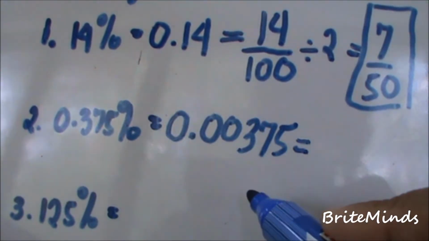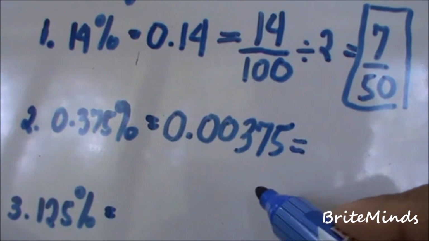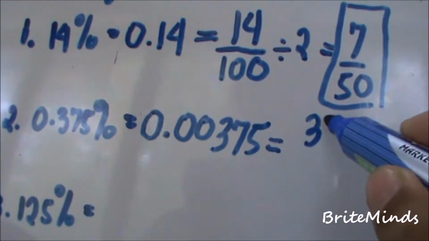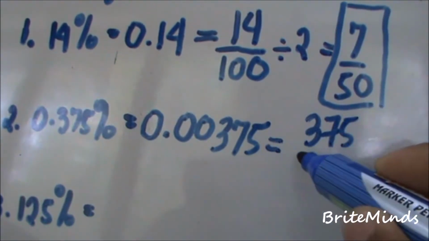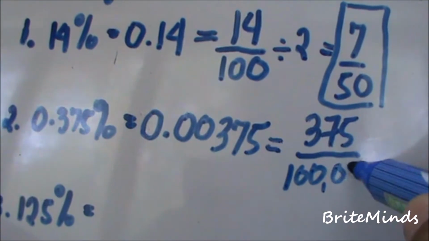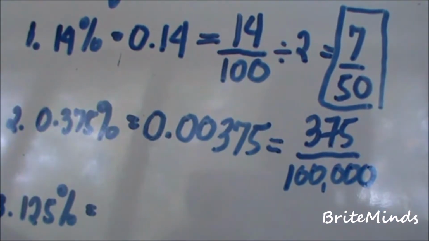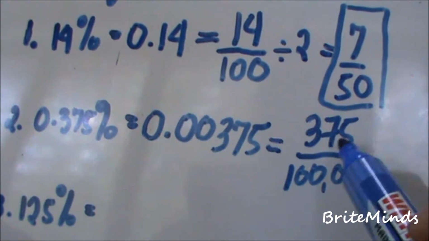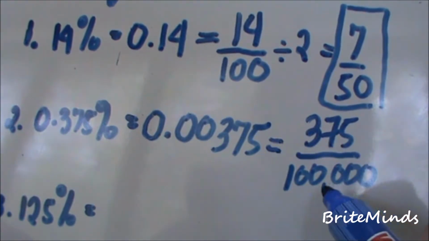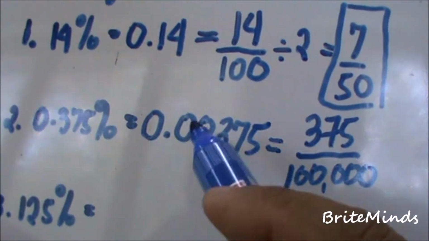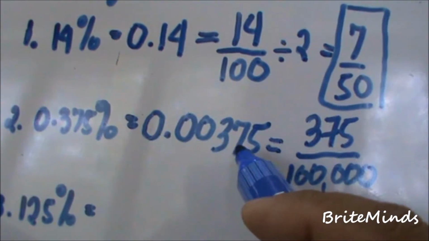So in changing it to a fraction, it will be easy because we know that our denominator will be in 100,000s. So we can write it as 375 over 100,000. If you do the division, 375 divided by 100,000, the result will be 0.00375.